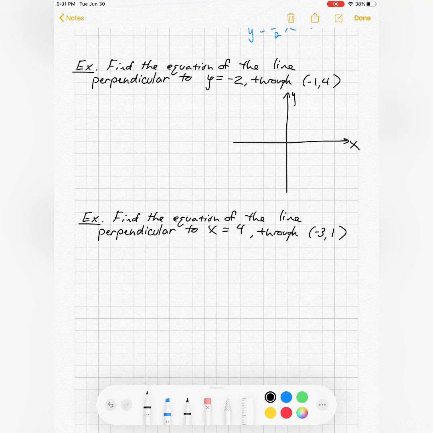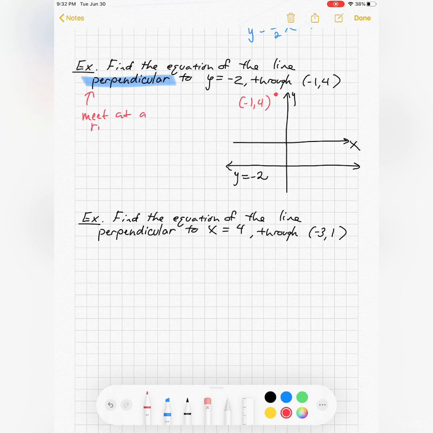Find the equation of a line perpendicular to y equals negative 2. So y equals negative 2 is horizontal. Okay, the point of interest is negative 1, 2, 3, 4. Perpendicular, remember what that means.